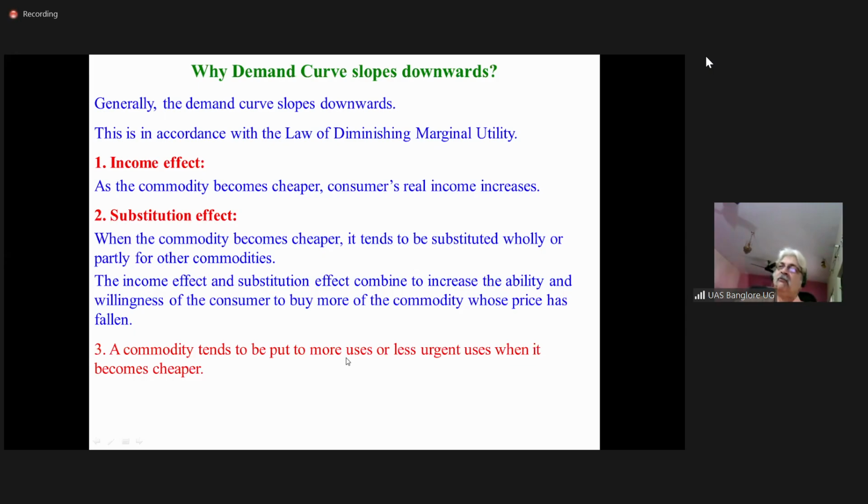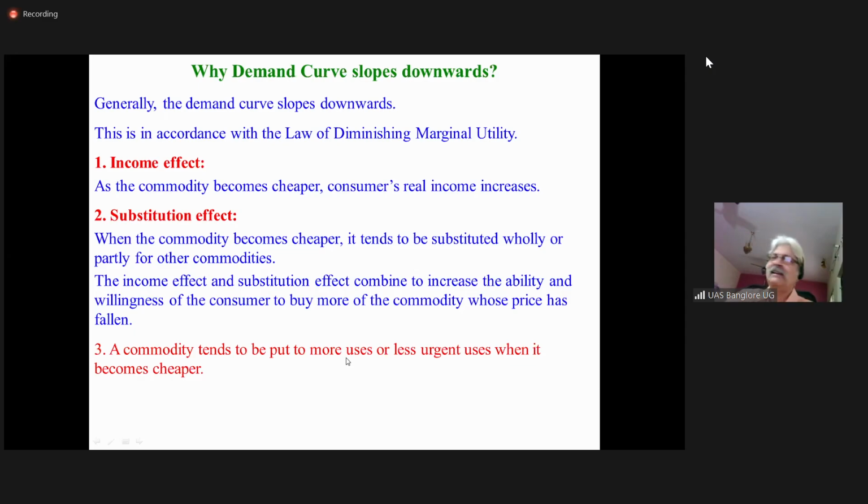Suppose from 15 rupees per unit it comes down to 10 rupees per unit, then you'll say, okay, put on the fan because the electricity bill will be less. Suppose it comes down further to 5 rupees per unit, then for heating water for taking a bath, you use the electric heater.